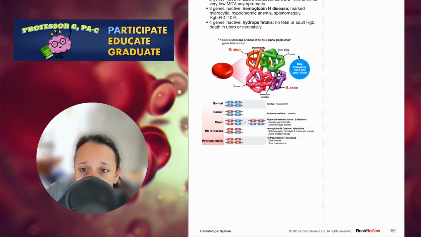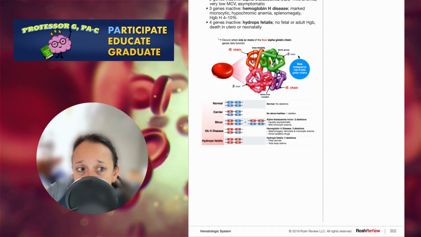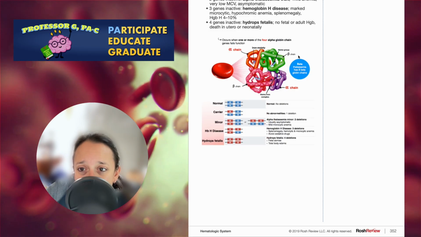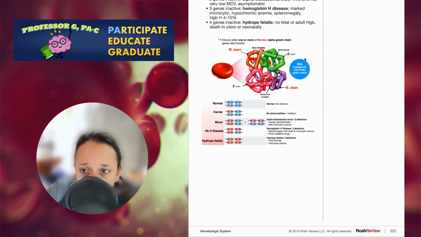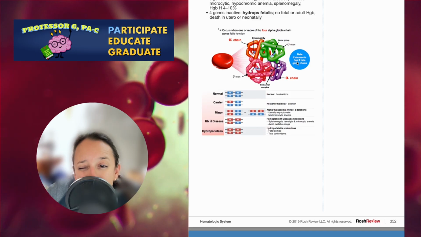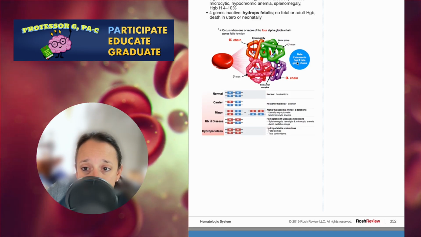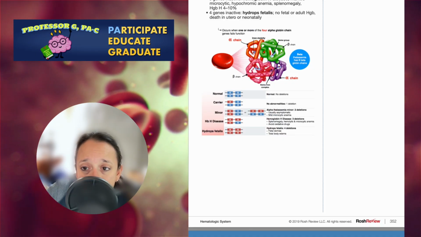And then 4 genes inactive is basically hydrops fetalis, so no fetal or adult hemoglobin, and this usually causes fetal demise. Most patients with 2 or 3 gene deletions present with fatigue, pallor, and microcytic, hypochromic red cells.